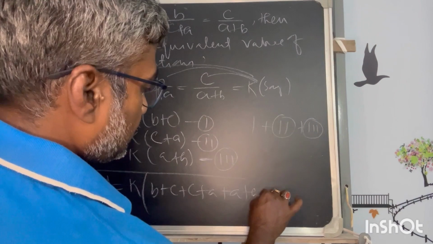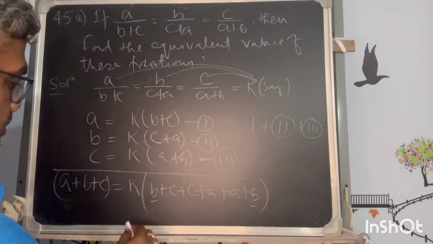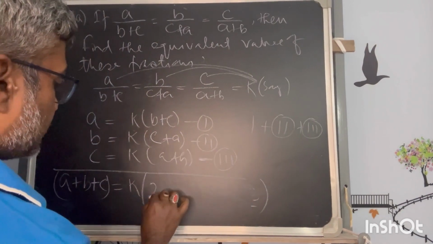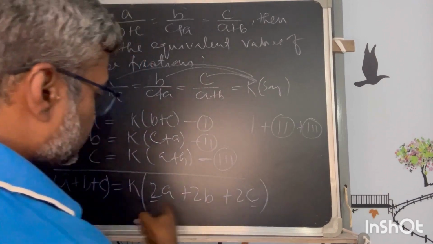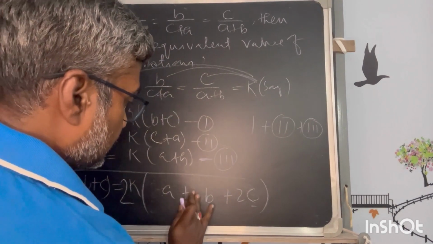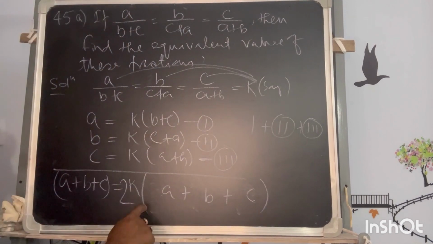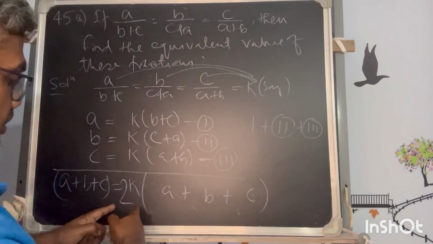Now you will see here all the terms are coming twice. So instead of writing this, can I write twice of A plus twice of B and twice of C. Now 2 is also coming common, so I can further reduce it to this. So that means the multiplication factor A plus B plus C is coming on both sides along with the 2k.